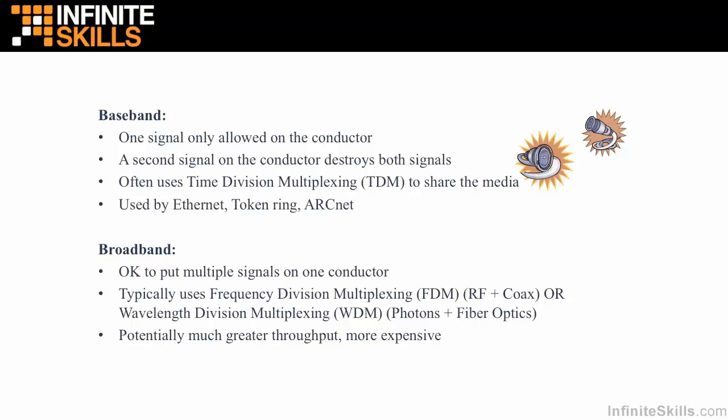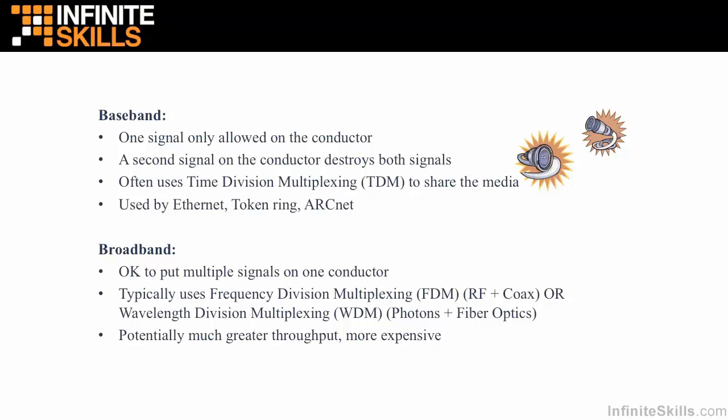In other words, multiple nodes can transmit simultaneously on one conductor, on one media type. And so this is called broadband. And as you can probably figure out, broadband, because it allows multiple data streams on a single wire, is much more efficient. It has a much higher data rate, and it's used in larger, faster networks.